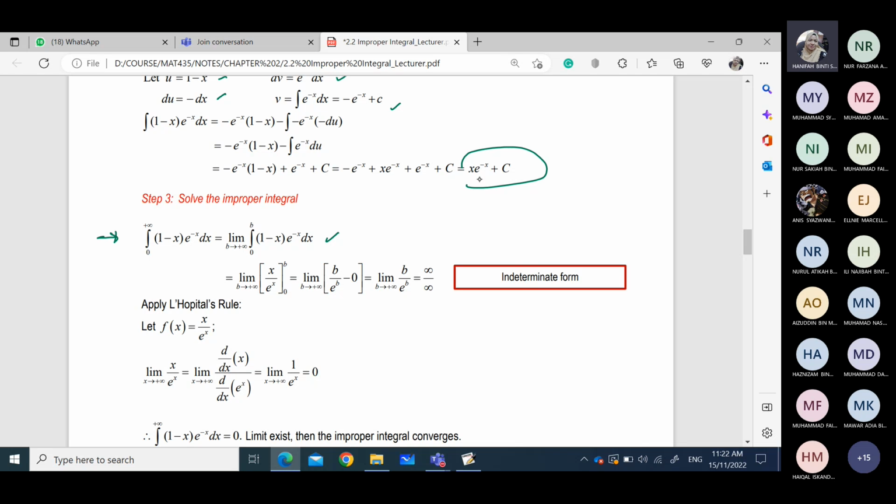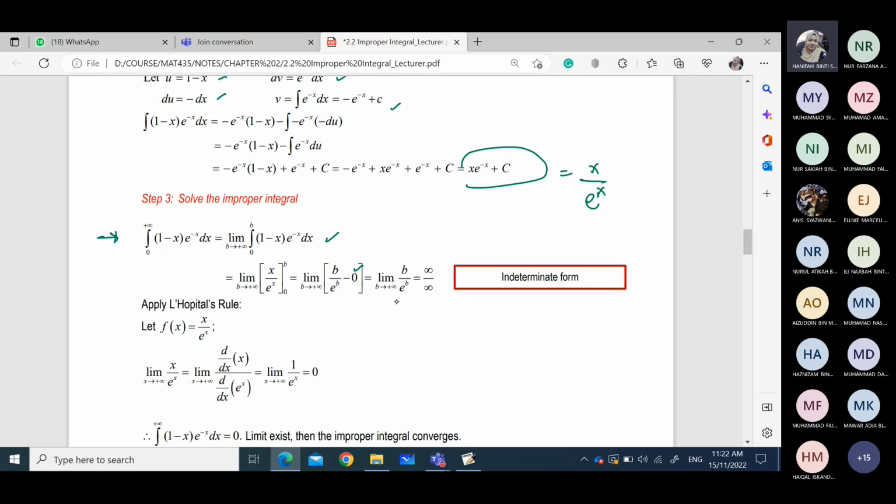You solve yang ini, we have x exponent negative x. It is also equivalent with x over exponent of x. Ada power negatif, so power negatif ni maksudnya dia adalah denominator lah. So b over exponent of b. You masukkan nilai b, nilai b adalah infinity kat sini kan. So minus 0 over exponent 0, we have 0.